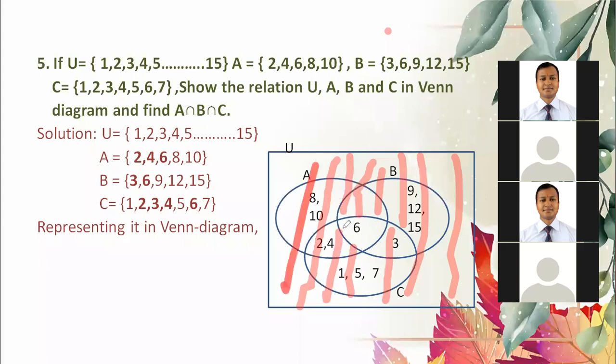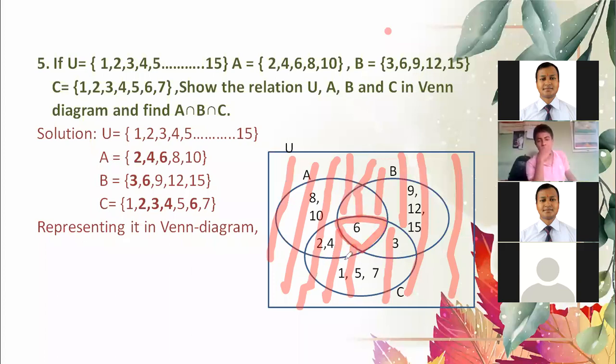You have to leave this 6 only, and the remaining portion outside of the 6 represents A intersection B intersection C complement.